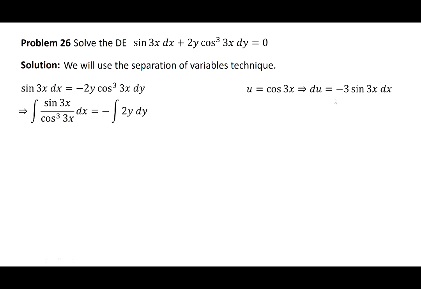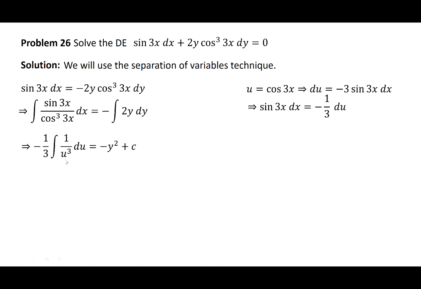Since we need just sine 3x dx, let's go ahead and solve for that. I'm saying divide both sides of this du by negative 3, so that sine 3x dx is negative 1/3 du. Now we are ready to make our substitutions. For sine 3x dx, we'll plug in negative 1/3 du and 1 over u cube.